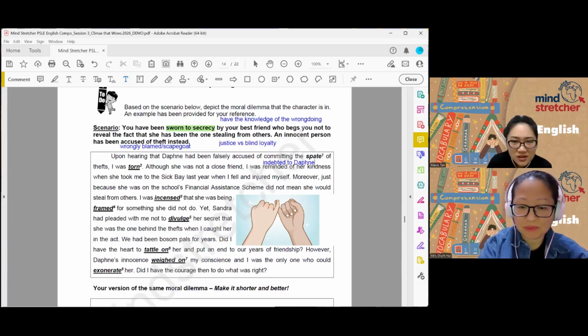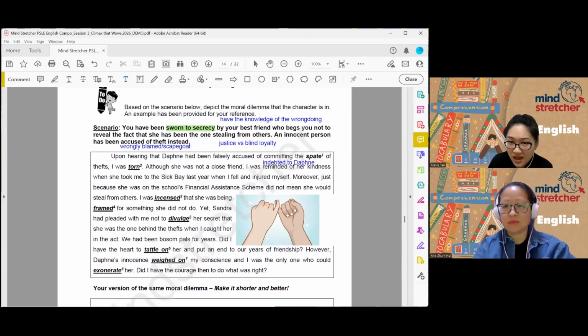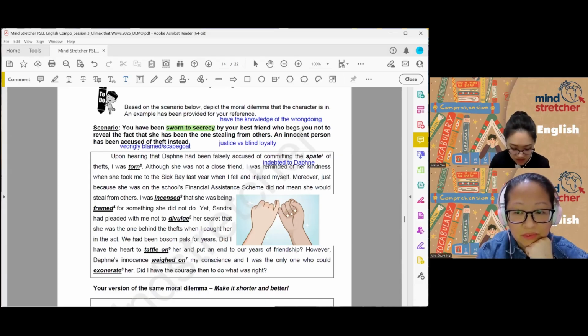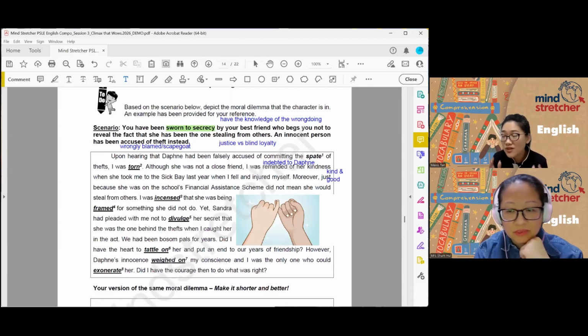Moreover, just because she was on the school's financial assistance scheme, FAS, did not mean she would steal from others. Okay? So this person is kind and good. She does not have an easy circumstance, right? To be on FAS means the family is working very hard.